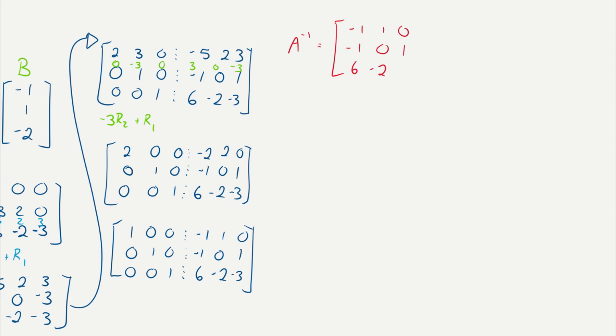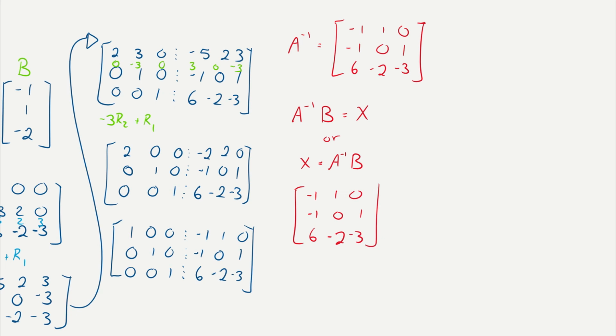negative 2, negative 3. Okay, and we said A inverse times B equals X. Or as it was written, X equals A inverse times B. So we need to take our inverse matrix and multiply it by the B matrix, which was what all the equations equaled.